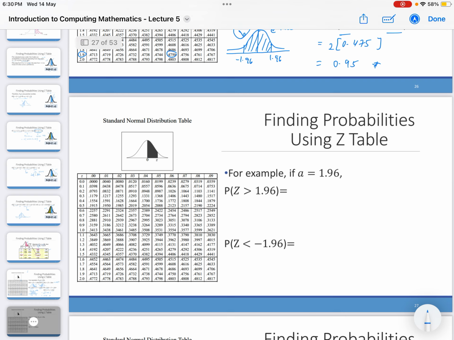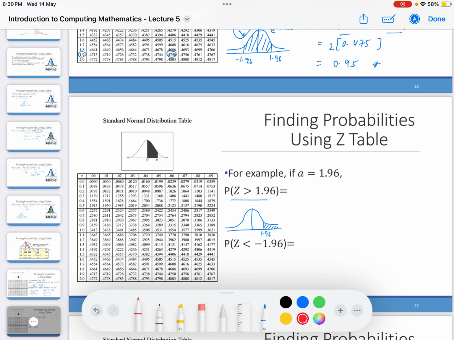Okay, so let's look at next. So this one we want to find probability of Z greater than 1.96. So we draw the bell curve. So we have over here 1.96. So we want greater than this. So basically we want this one. Okay, but remember the one from the table is actually this one, from 0 to 1.96, from 0 to z.